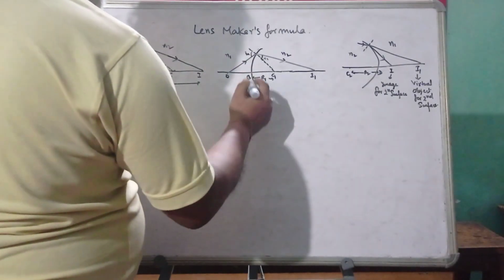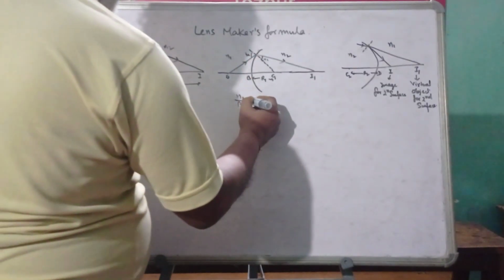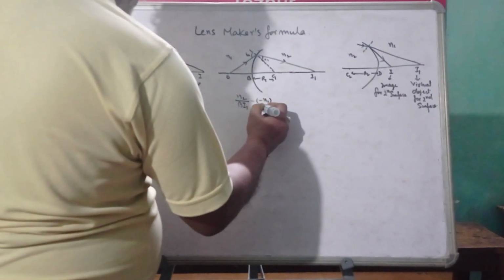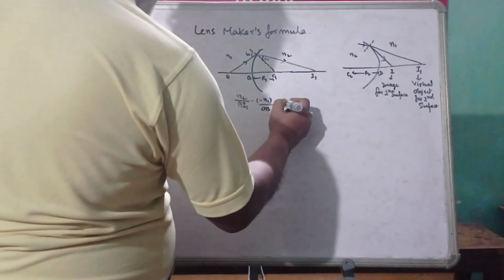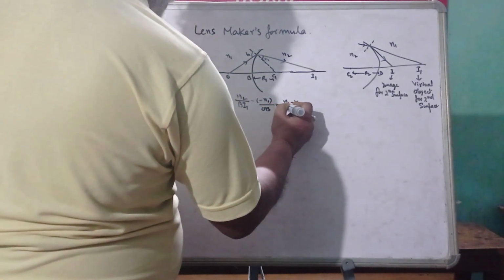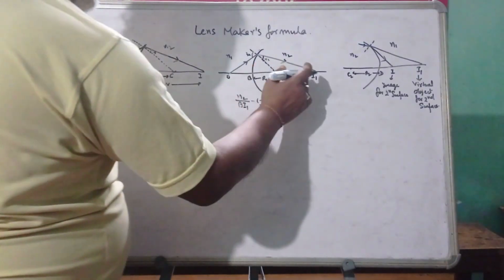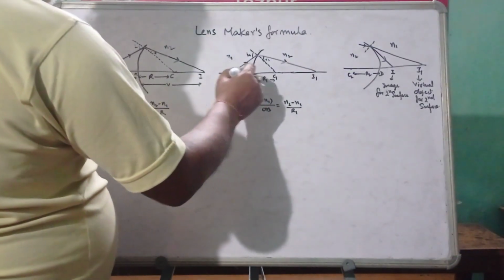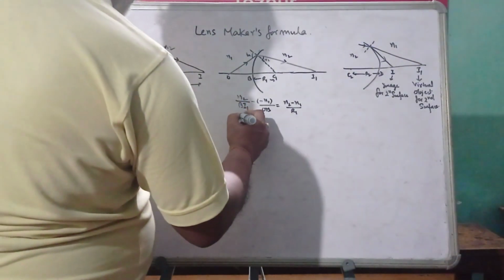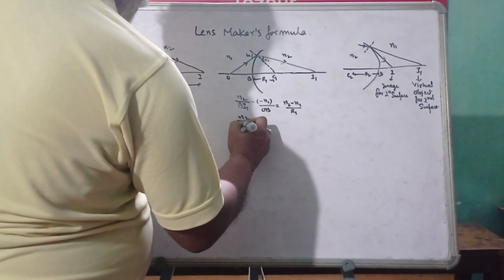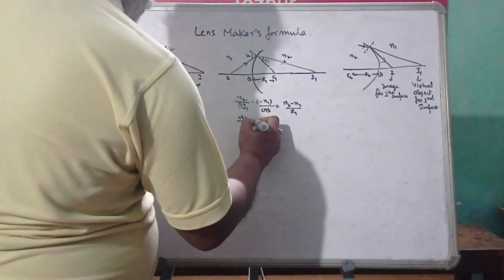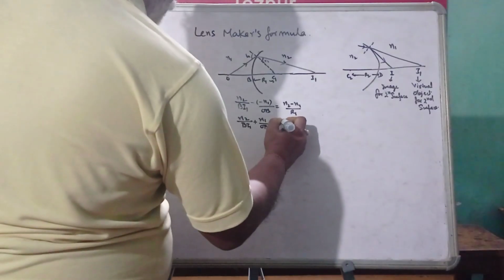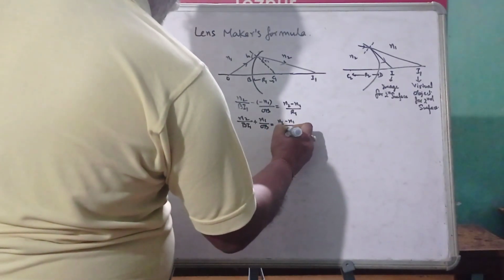So your U is on the negative side, so minus N1 by OB is equal to N2 minus N1 by R1, because R1 is on the positive side, since we are taking this origin, this side is positive and this side is negative. So N2 by BI1 plus N1 by OB is equal to N2 minus N1 by R1.